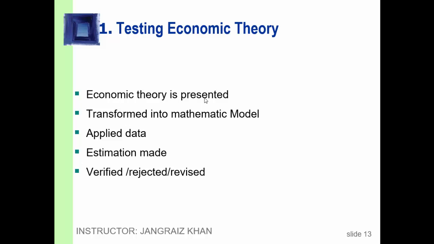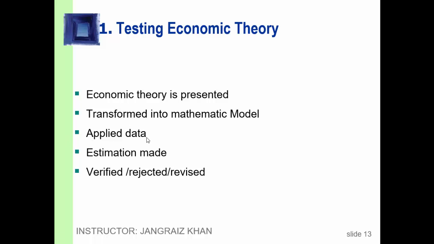We know that when an economic theory is first presented, it is purely in theoretical form. Look at the law of demand, law of supply, and so many other laws of economics which are in theoretical form. What econometrics does is transform these into a mathematical model, developed under certain assumptions, and then the data is applied over it.